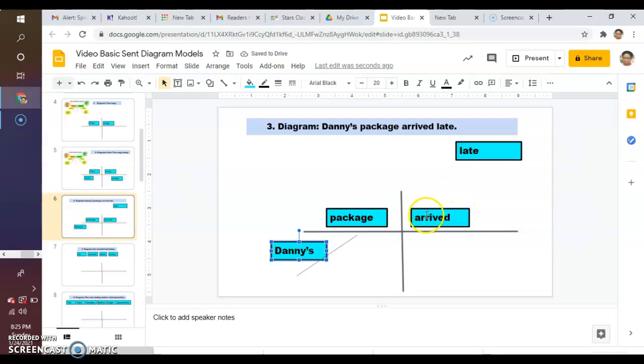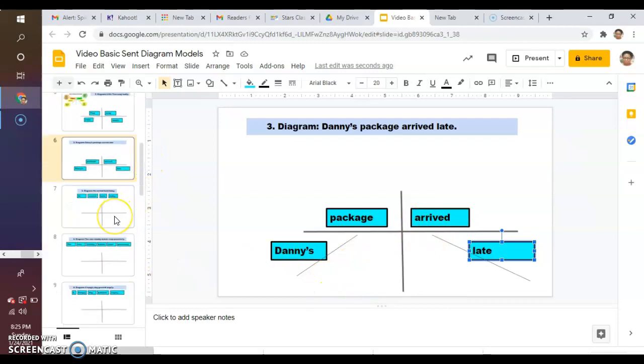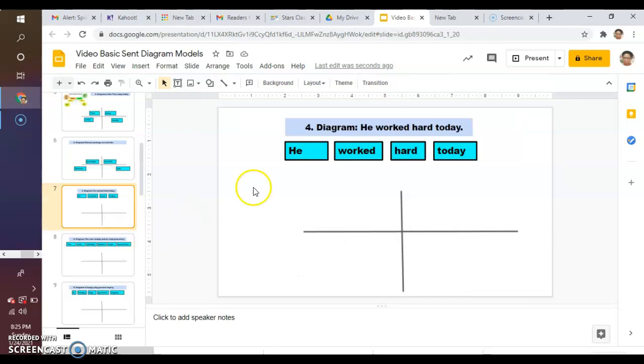And late is telling you when it arrives, so it's modifying the verb. So you could put late here because it's modifying the arrive. Okay, so you see the main parts of the sentence are always the subject and verb, and most of the other words in the sentence are then modifiers. All right, we have a few more left.